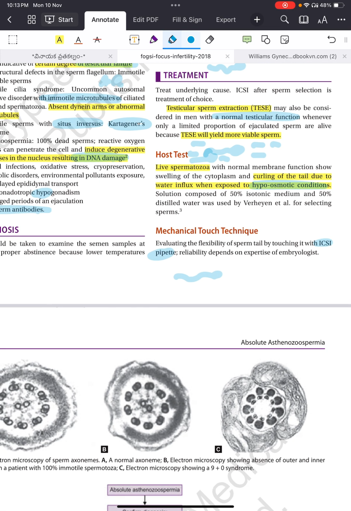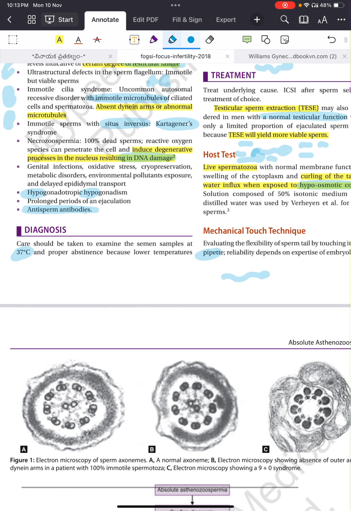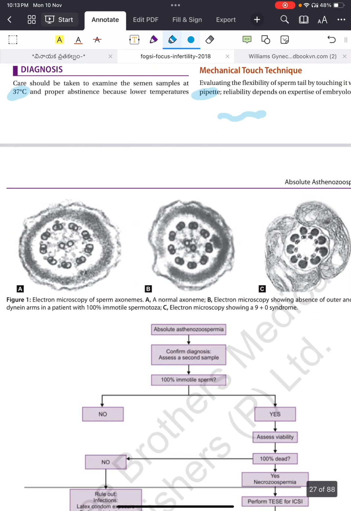Next, if you see this electron microscope image of the sperm axoneme, figure A is a normal axoneme. You can see the dynein arms and these things.